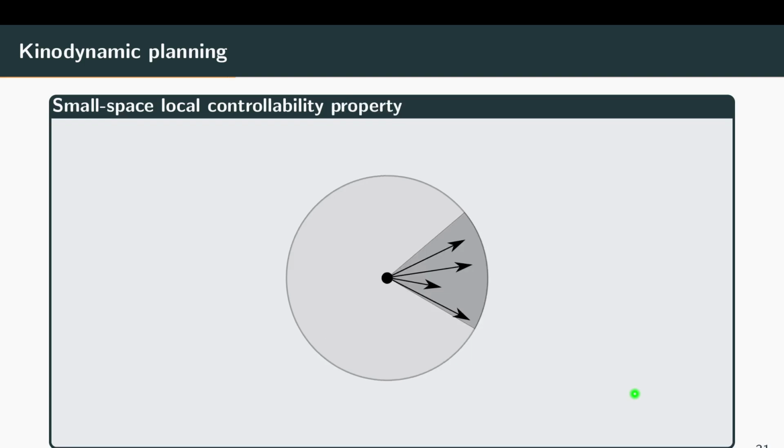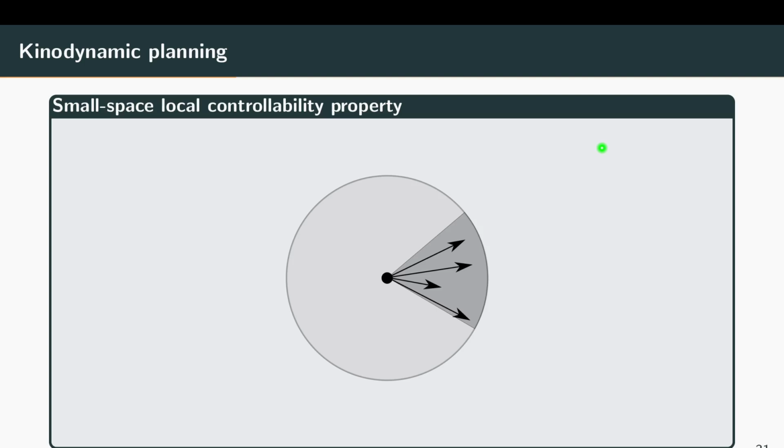If you look at, for example, your unicycle or car example, and you have a specific heading, like you're here and you look more in this direction, then you can't really go backwards, right? You can at most do a slight left turn and a slight right turn.